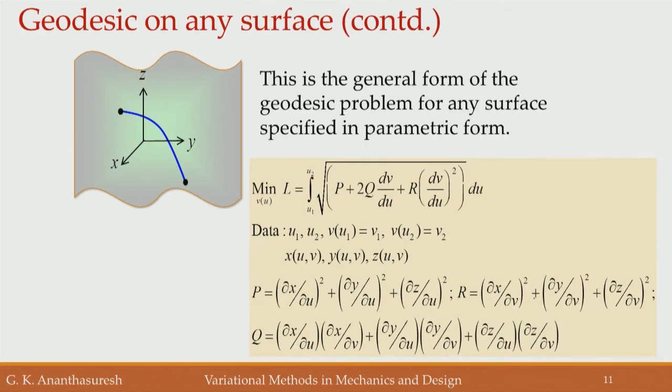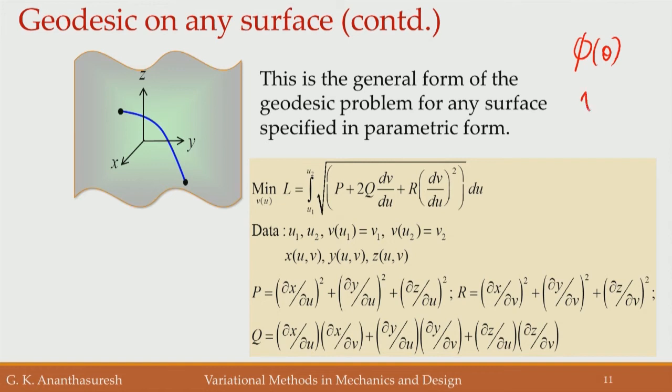Now, for finding the geodesic, you have to minimize this, that is basically ds in terms of p, q and r, which are known once you assume a parametric form for the surface. Then p, q and r are given as follows. This is what you do with respect to v as a function of u. Previously for a sphere, we had considered phi as a function of theta.